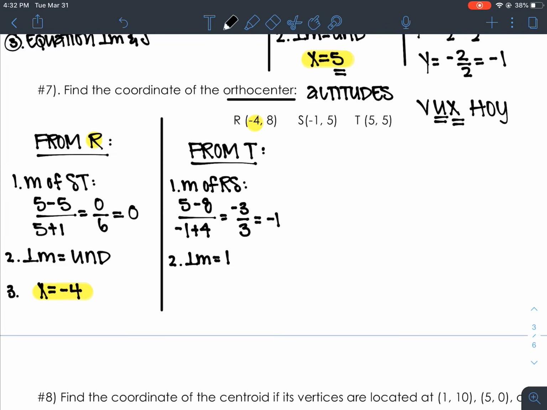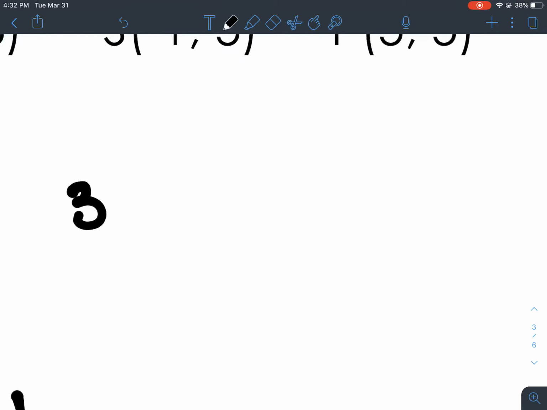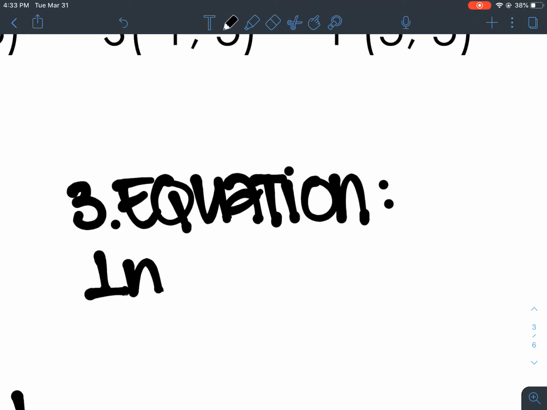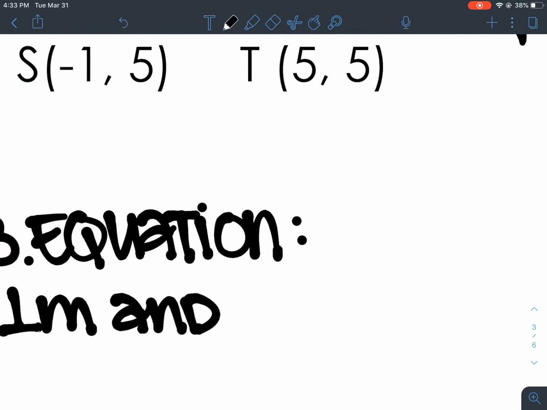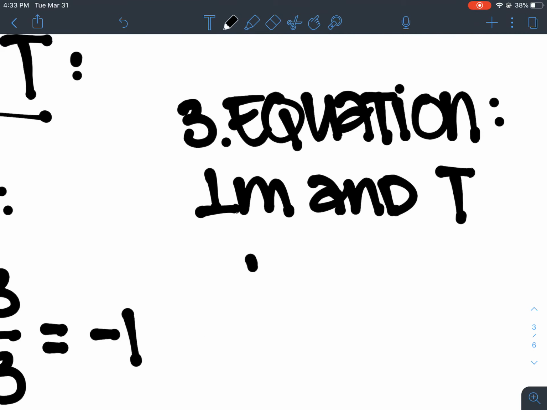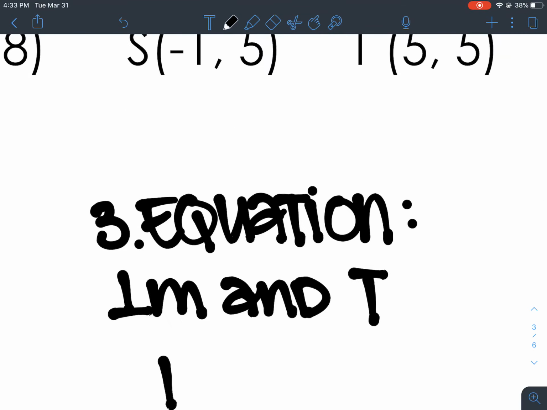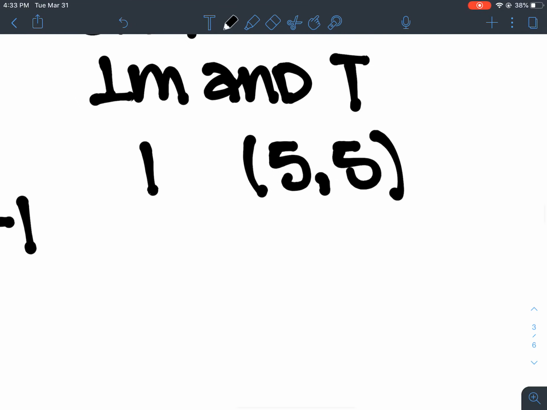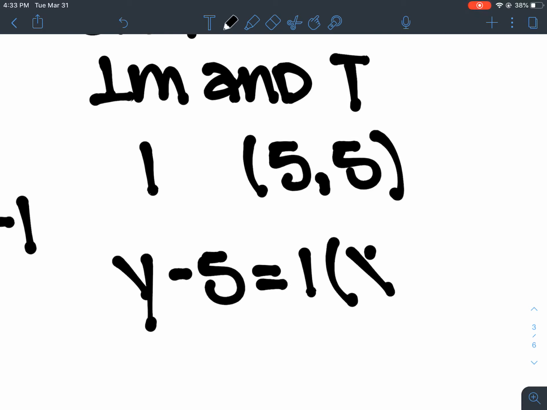In my next step, I'm going to scooch over here. I'm going to do the equation now of the altitude, and that has to contain our perpendicular slope and the vertex we came from, which is point T. So I'm going to use my perpendicular slope of 1 and the coordinate of 5, 5 to write my equation. So I'm going to do y minus 5 is equal to 1 times x minus 5.